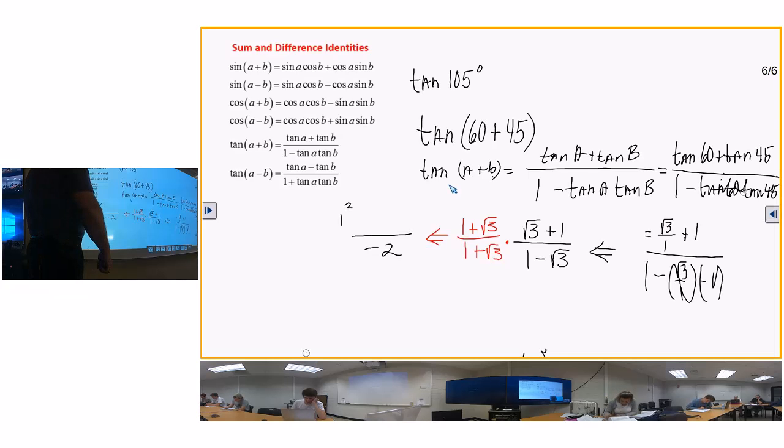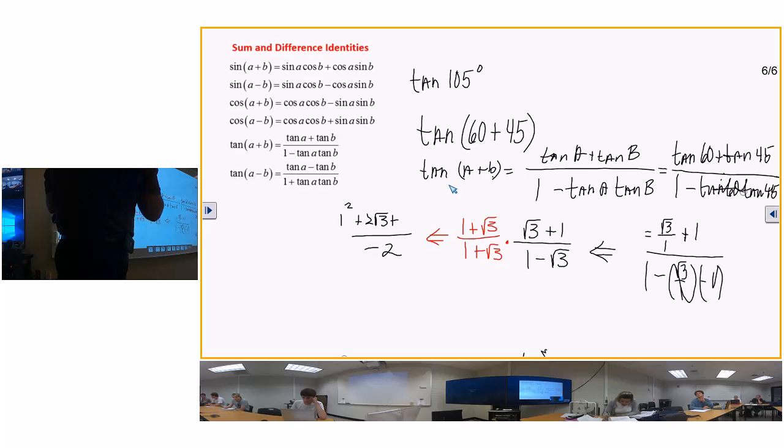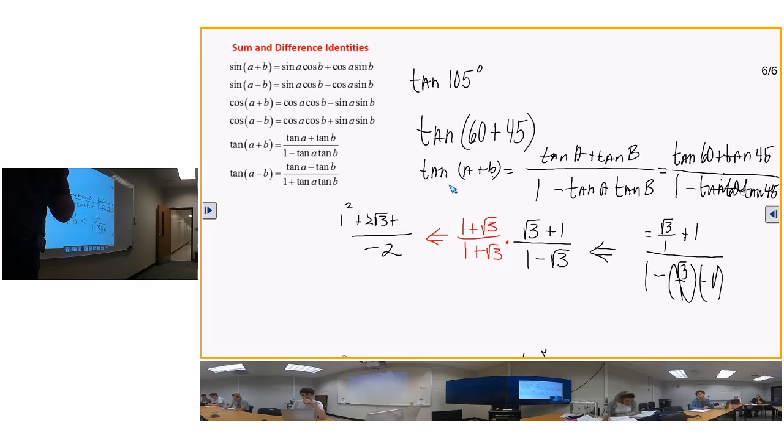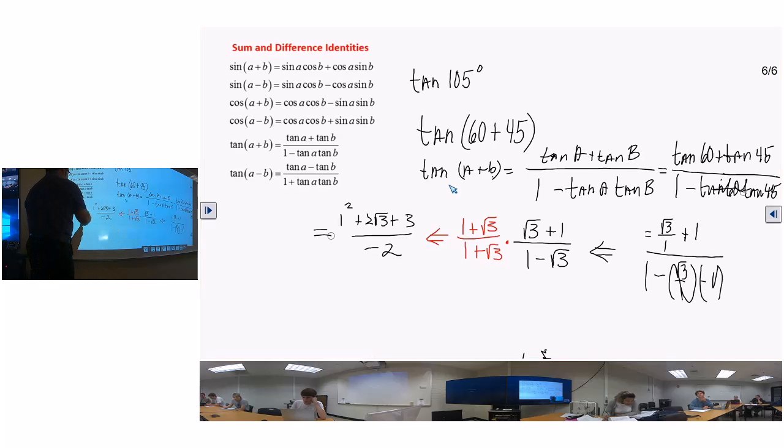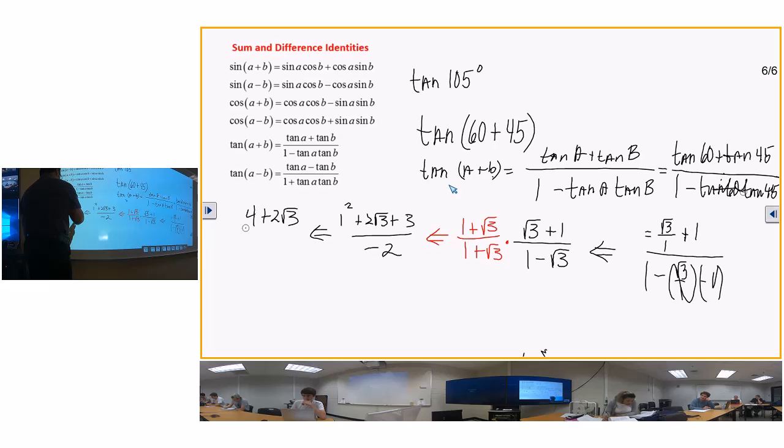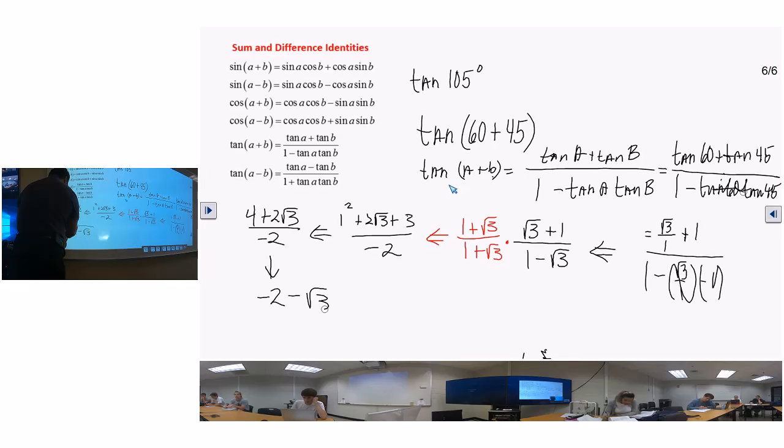This is shortcut number 1. 1 squared plus 2 square root of 3 plus square root of 3 squared, which is 3, right? Yes. And that's going to give us 4 plus 2 square root of 3 over negative 2. And then that's going to give us -2 minus square root of 3.